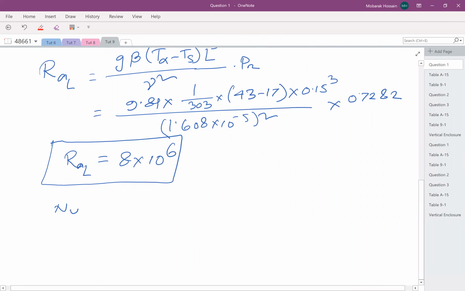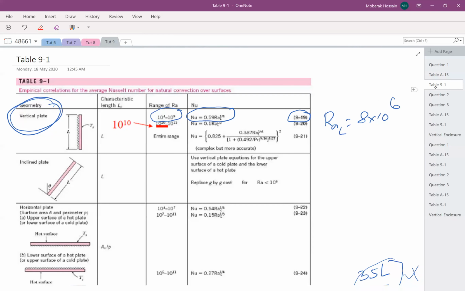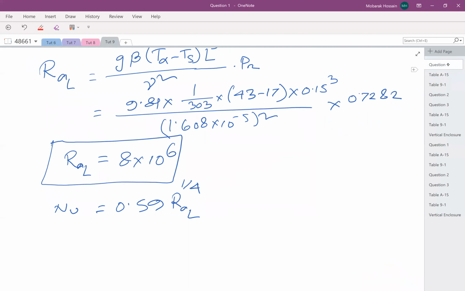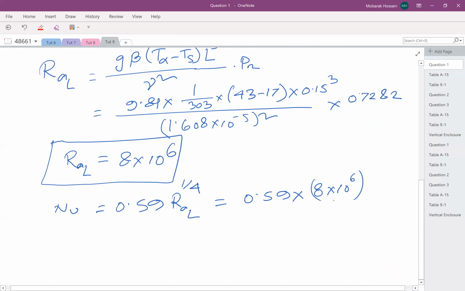The Nusselt number here will be 0.59 times the Rayleigh number to the power 1 over 4. So we'll get 0.59 times 8 times 10 to the power positive 6 to the power 1 over 4. It will give us 31.38.